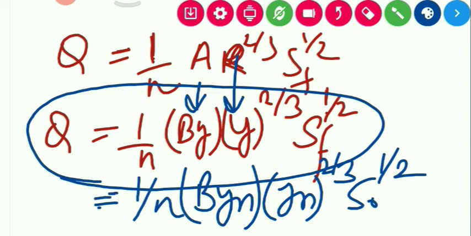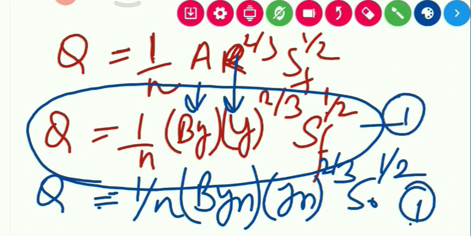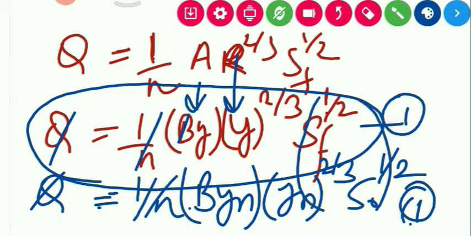Okay, so if we divide equation 1 and equation 2, the b term gets cancelled. We will get (sf by s naught) to the power 1 by 2 equal to yn by y to the power 5 by 3.